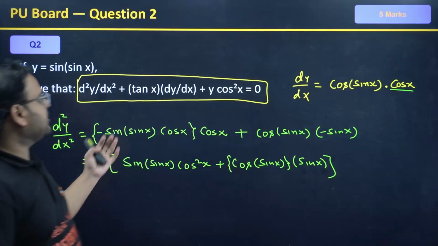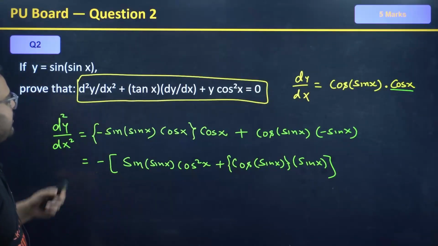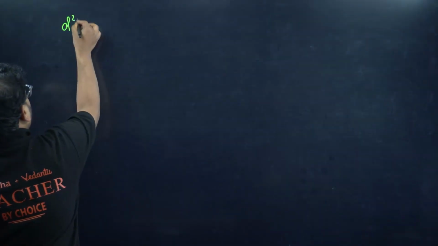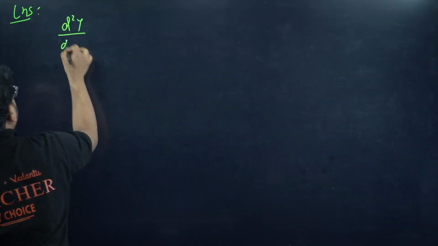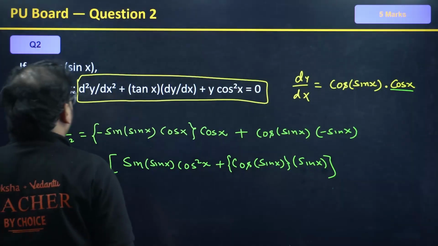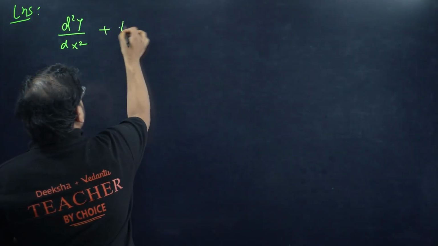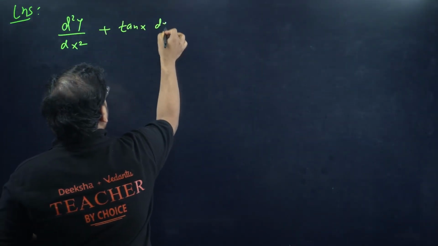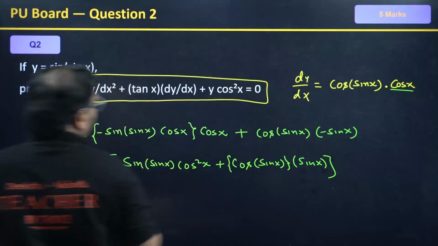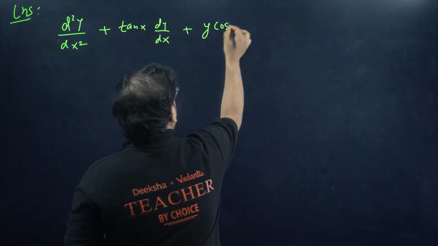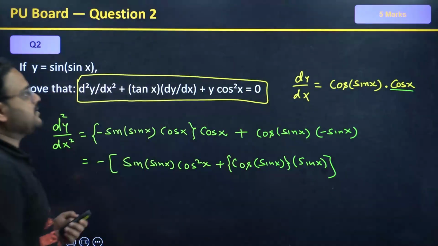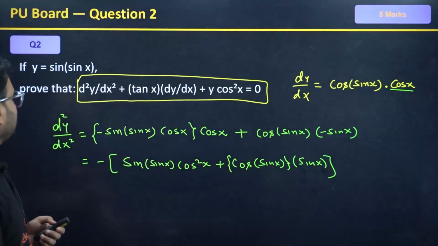So in the equation that we have, we have to put these values. We just take the LHS part. We have d square y by dx square plus tan x dy by dx plus y cos square x. We're going to start substituting the values.